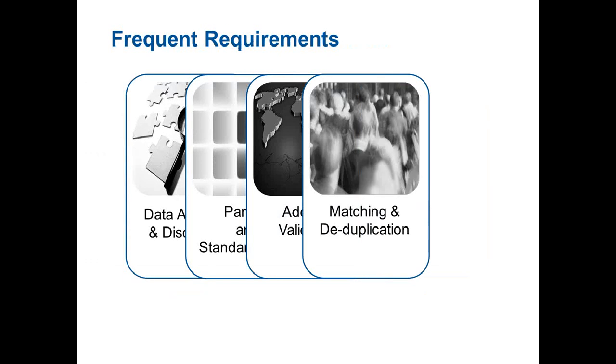He cannot open the two customer databases and manually look for them, right? So there should be some feature or tool that matches on the name and gives all the duplicate names, or matches on the address, or on the organization name and gives all the duplicate organization records. That is nothing but matching.